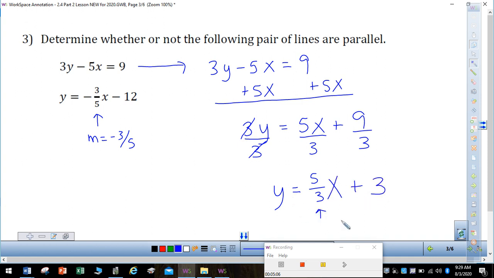Notice how this one has a slope of 5/3. Although that looks similar to negative 3/5, they both involve a 3 and a 5, they are not parallel because their slopes were not the same. The slopes, however, do have a relationship that we're going to be coming back to and talking about in a few minutes.